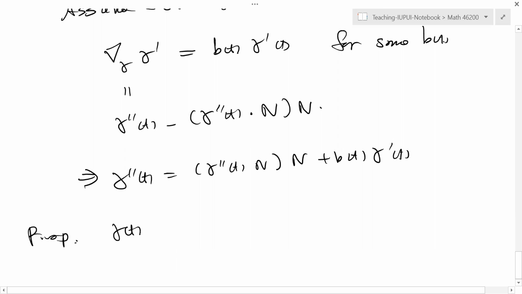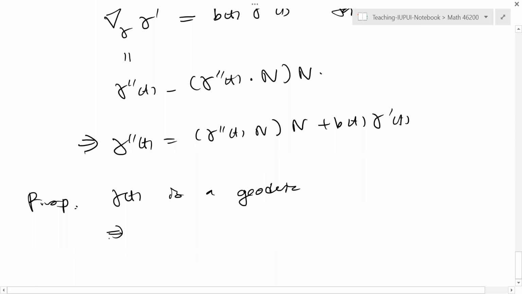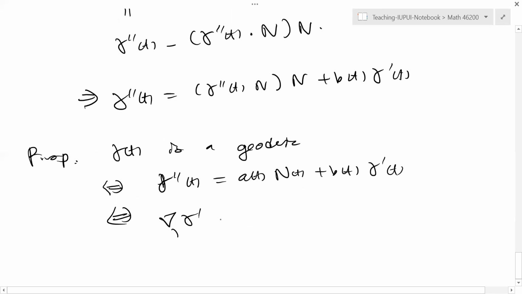Gamma of t, for an arbitrary parameter, is a geodesic if and only if, by definition, the geodesic curvature is 0, if and only if gamma double prime equals A of t times n plus B of t times gamma prime of t, if and only if the tangential part of gamma double prime is B of t times gamma prime.